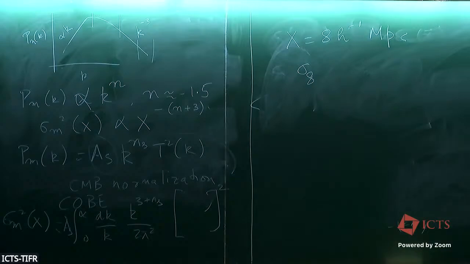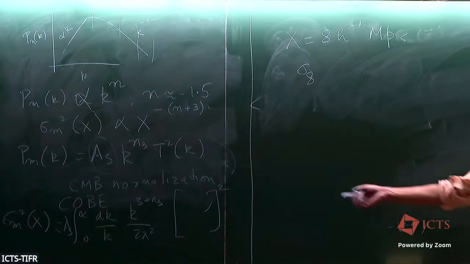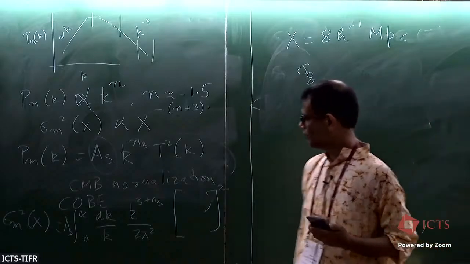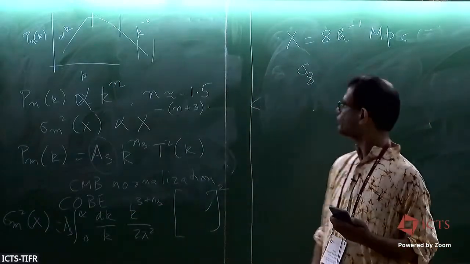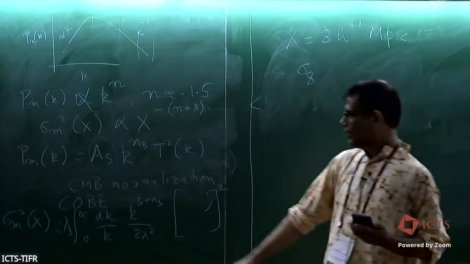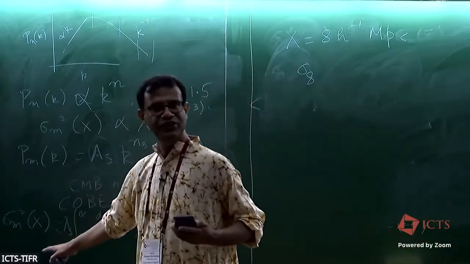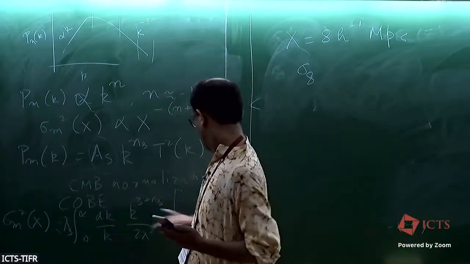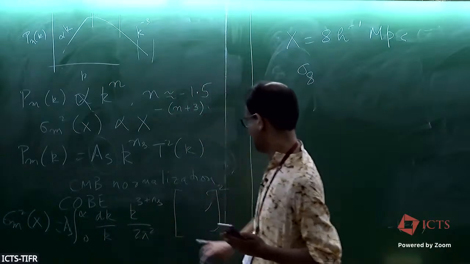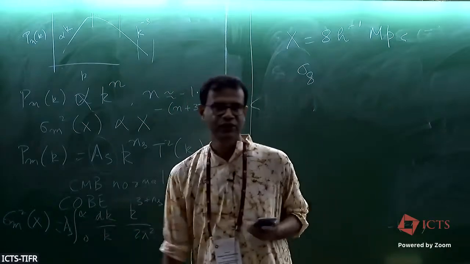So often people prefer to do sigma 8 normalization, particularly if you are interested in doing calculations at galaxy scales. So then sigma 8 will be given, whatever its value is, and you can do this integral. Everything is known on this side, so that tells you what As will be.